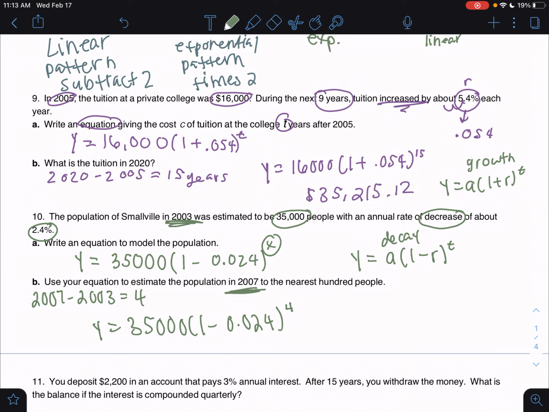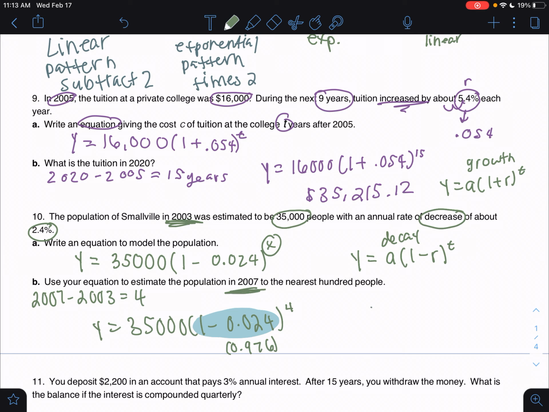Now, if you wanted to, you can simplify this inside first before you put it in your calculator. Either way is fine. That simplifies down to 0.976. So you could do that first or after.